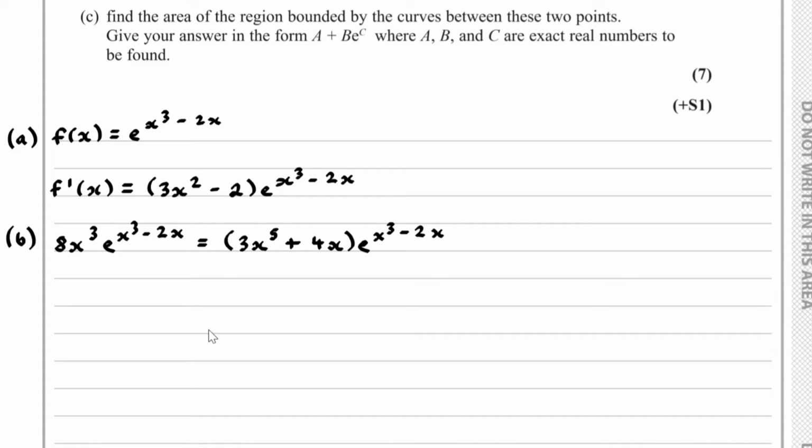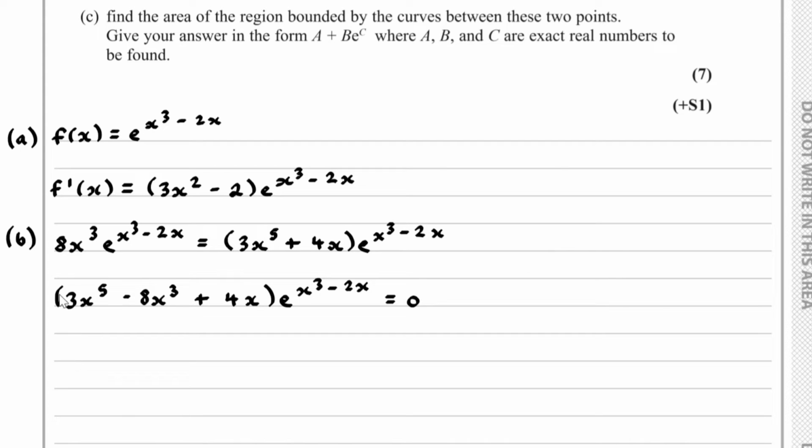And now if we take everything over to one side and then factorize out the e to the x cubed minus 2x, we would have 3x to the 5 subtract 8x cubed plus 4x multiplied by e to the x cubed subtract 2x. This is equal to 0.